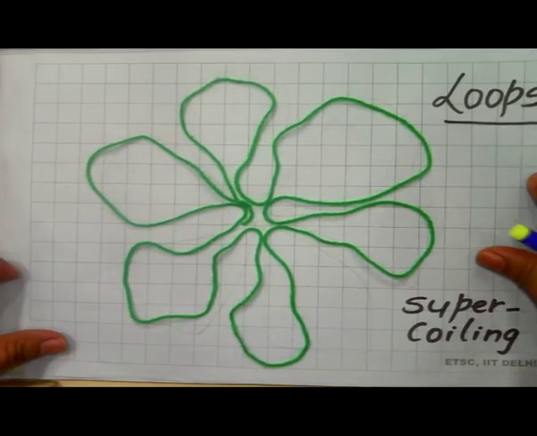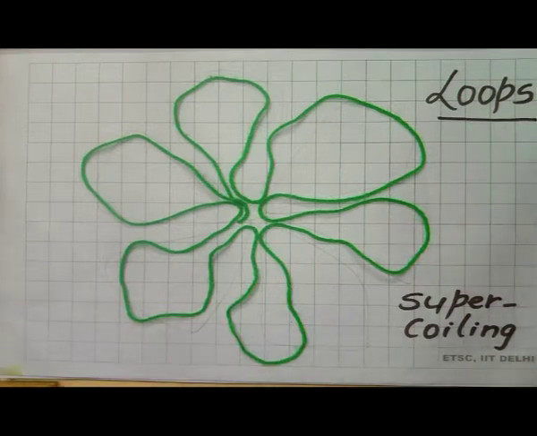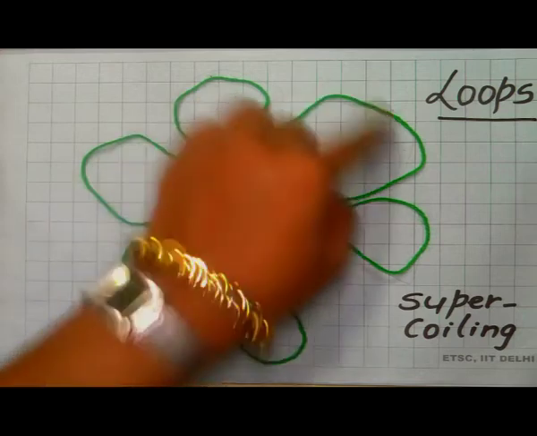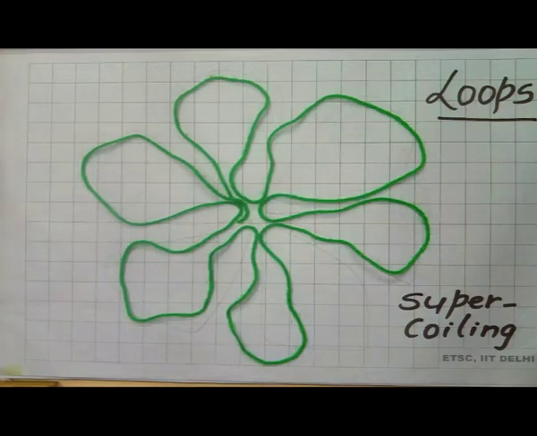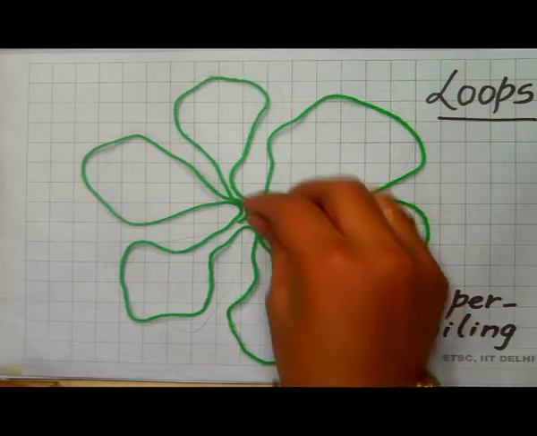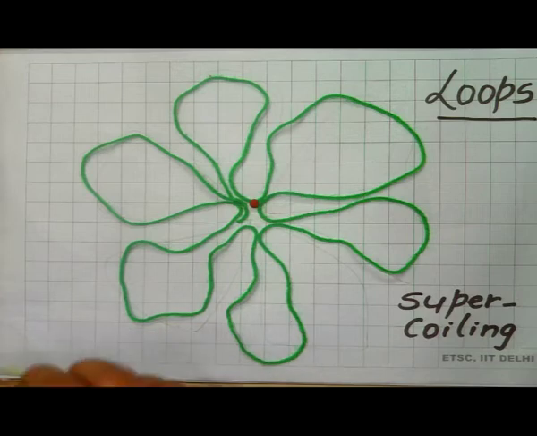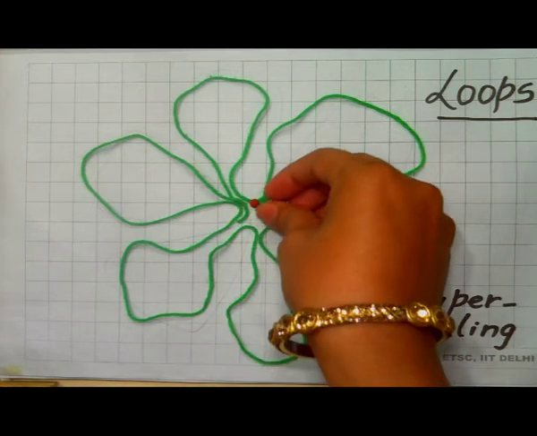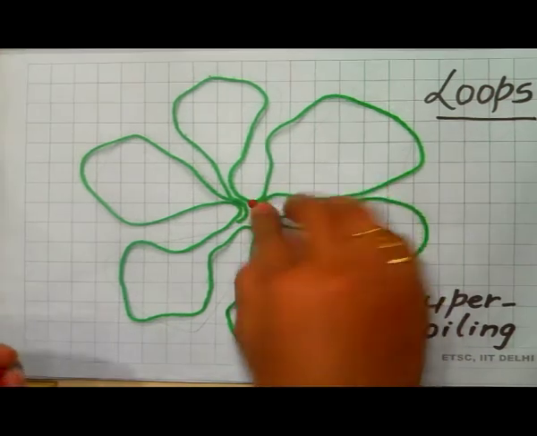This is the way the bacterial genome forms loops. These are the loops formed by the proteins I mentioned earlier, IHF and DNA binding proteins.